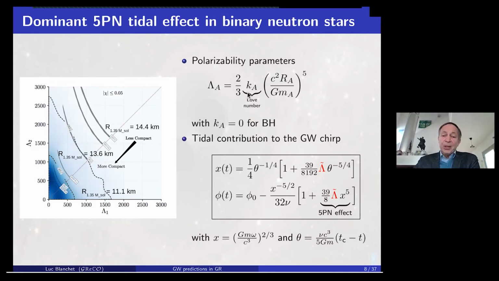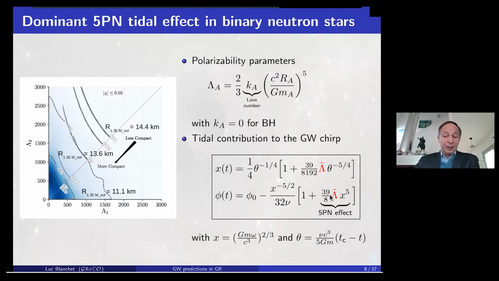And you can compute, using this post-Newtonian expanded effective field theory, the leading term. And this is a term which is comparable to orbital effects at the 5 PN order. So this is a 5 PN effect, which is in principle very small, completely negligible compared to the other point-particle orbital effects.